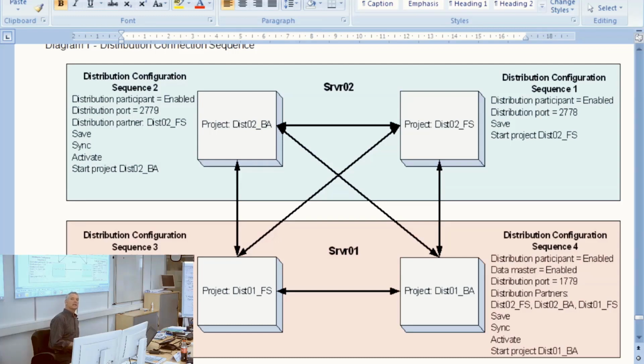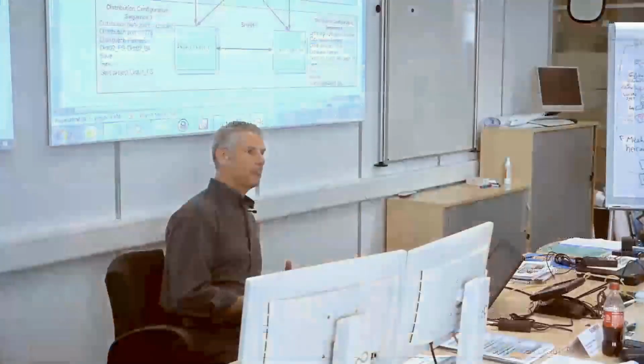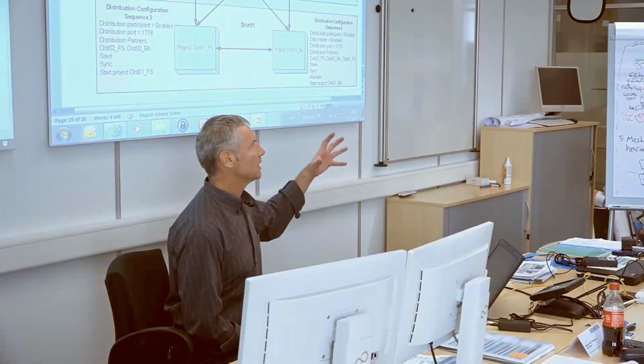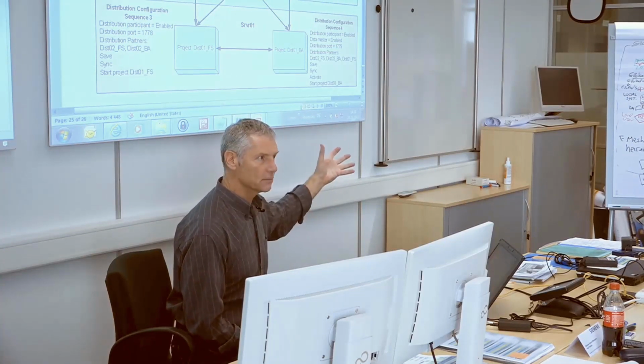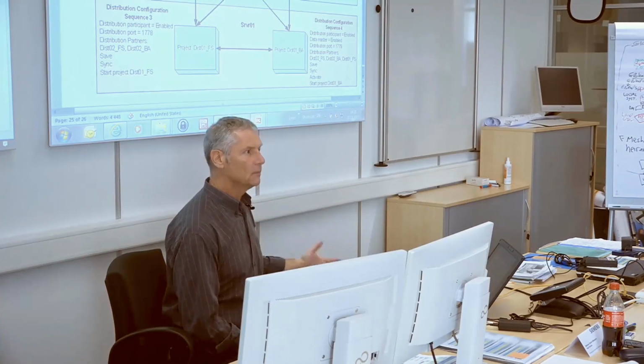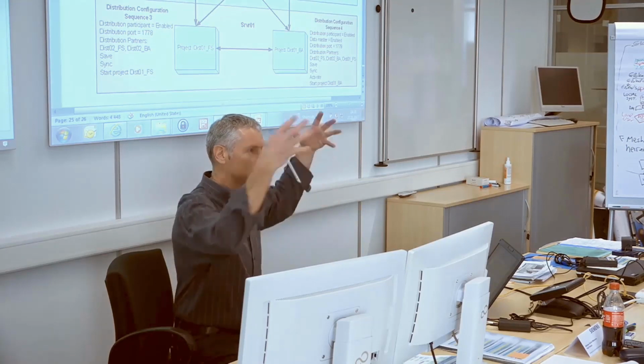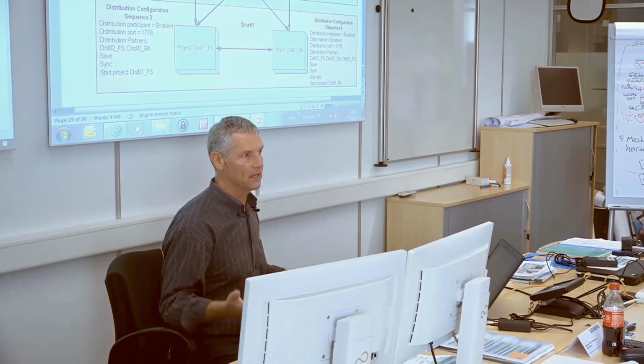The issue is he's asking me: is it better to start the process and say the first project I configure for distribution should be the data master? There's no fixed rule here, okay? Because any project can be a local system, so you can log in from anywhere, which means any project in the global distribution can also be a data master.